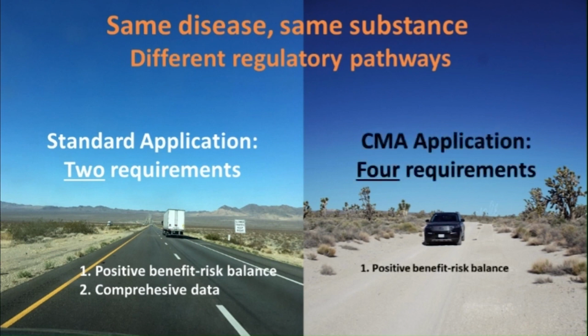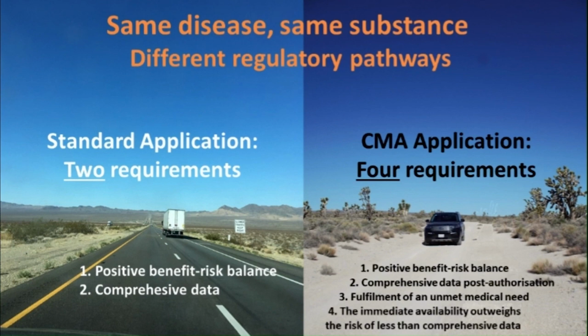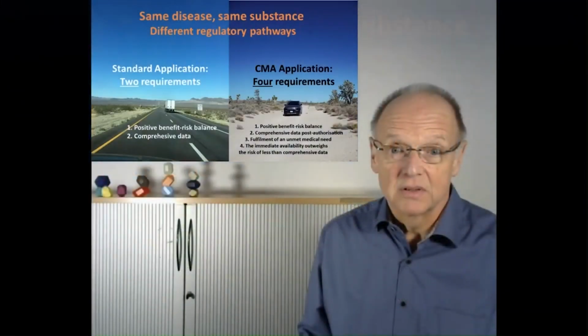Firstly, a positive benefit-risk balance. Secondly, comprehensive data are expected post-authorization in the more or less near future. Thirdly, there is an unmet medical need that the new medicine will fulfill. And fourthly, the immediate availability of the medicine outweighs the risks of the less than comprehensive data, meaning the outstanding benefit is worth an increased uncertainty. Bottom line, outstanding benefit as trade-off for limited data.